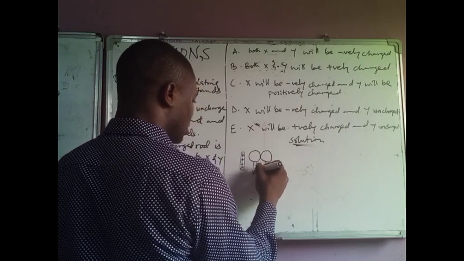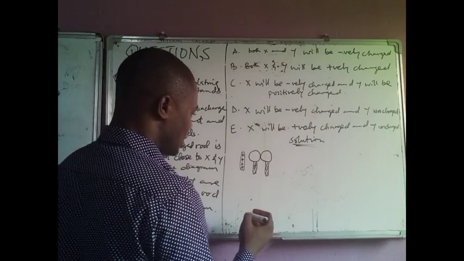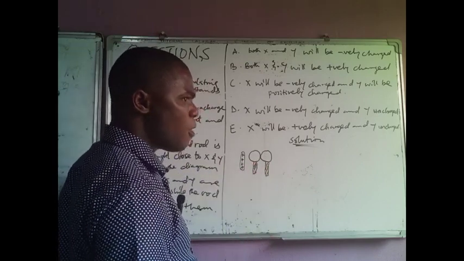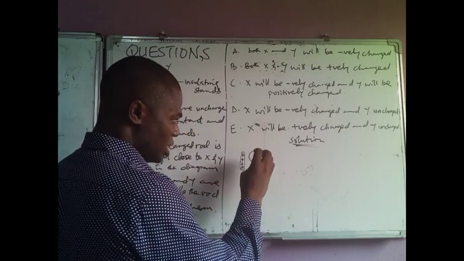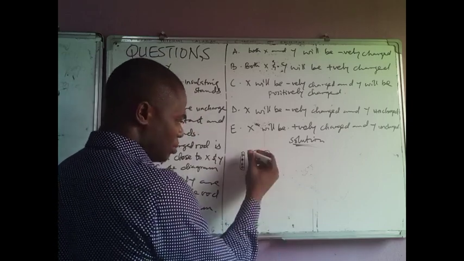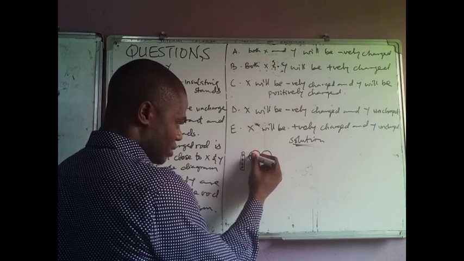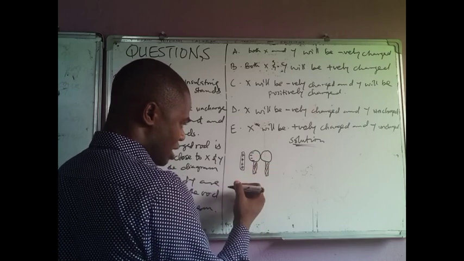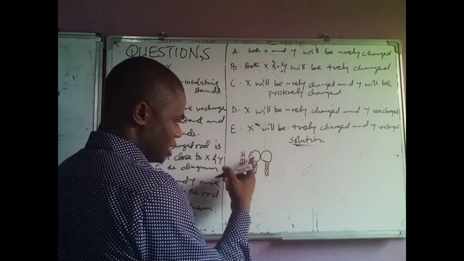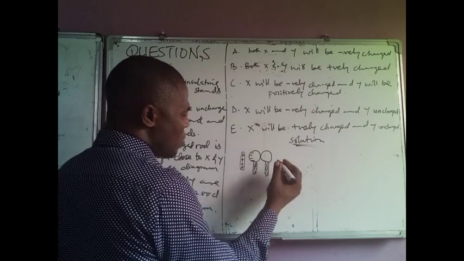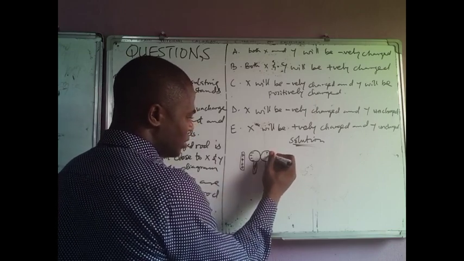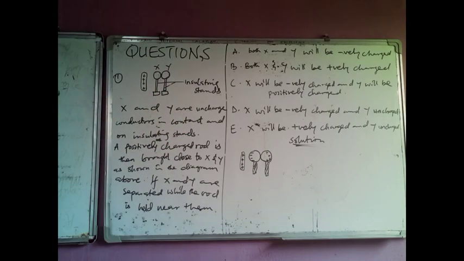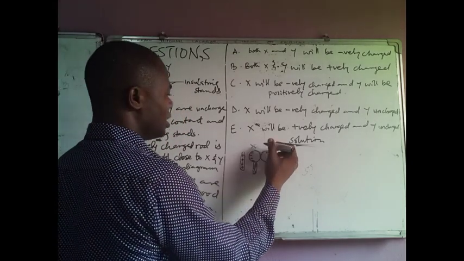First thing that will happen, this conductor will draw all the opposite type of charge, the negative charge, to this side, of equal magnitude to the charge that I have, while repelling all the positive charge to the other side, because unlike charges attract. Remember, this is your X, this is your Y.